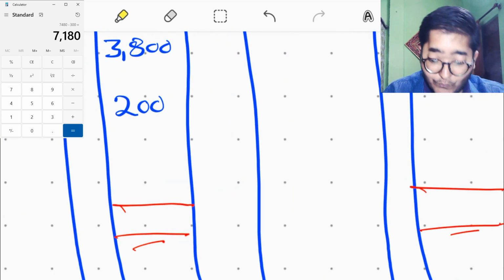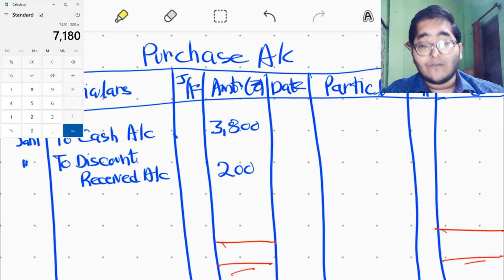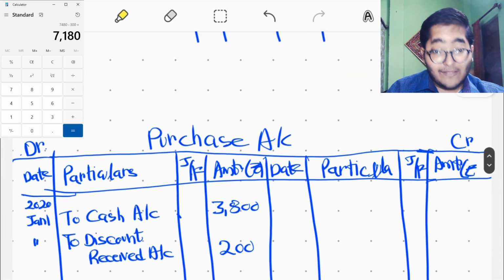So we all know that purchase account is not to bear any closing balance. Why? Because purchase account is a revenue balance, and that is why purchase account should be transferred to the profit and loss account.